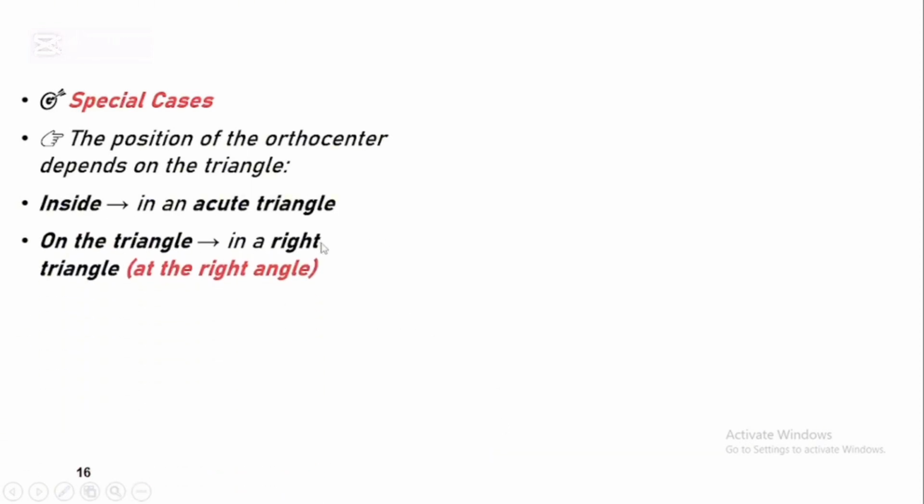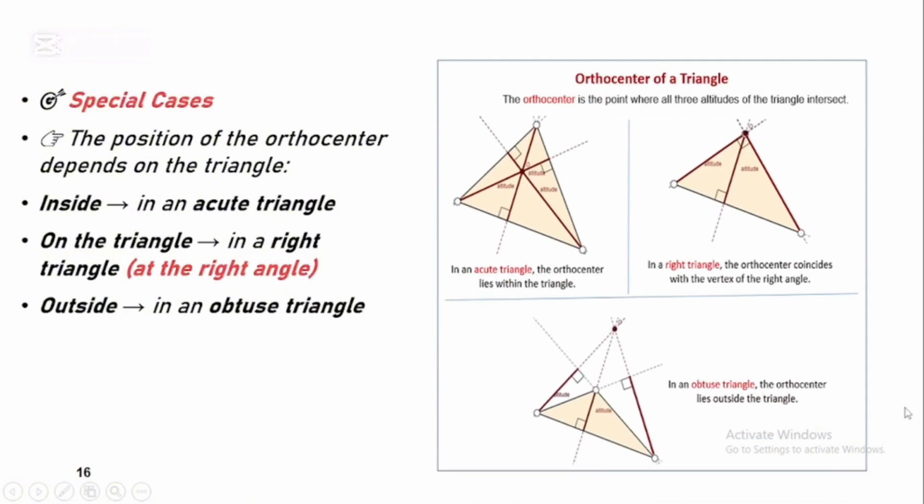Sometimes the orthocenter is not inside the triangle. It depends on the nature or type of the triangle. If the triangle is acute, the orthocenter is inside the triangle. If the triangle is right, the orthocenter is on the triangle. And if the triangle is obtuse, the orthocenter is outside the triangle.